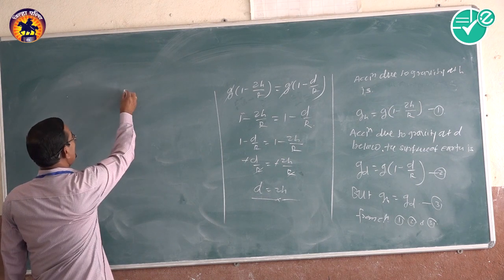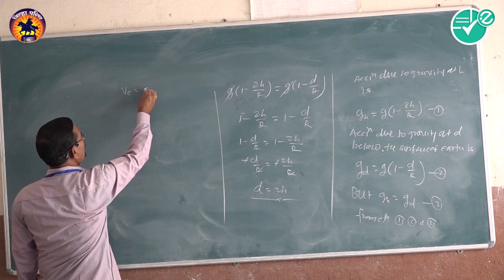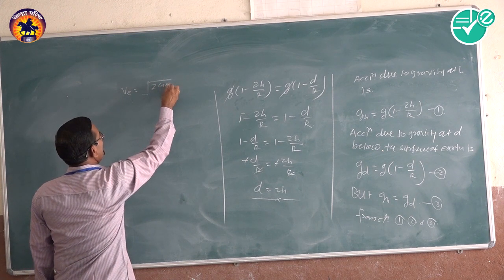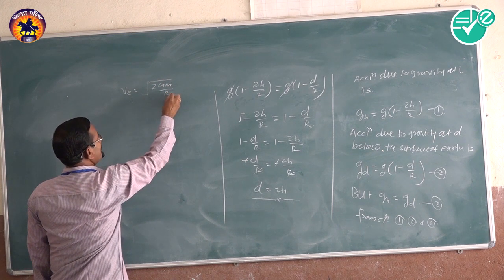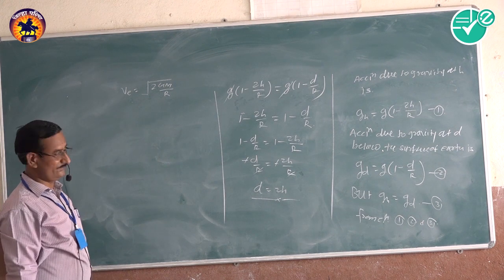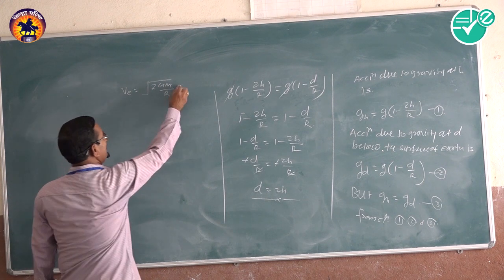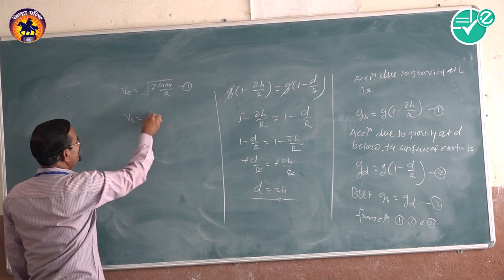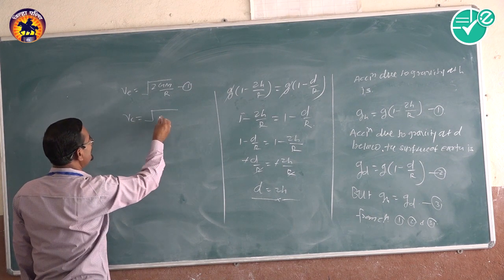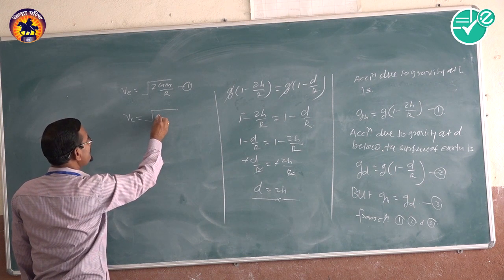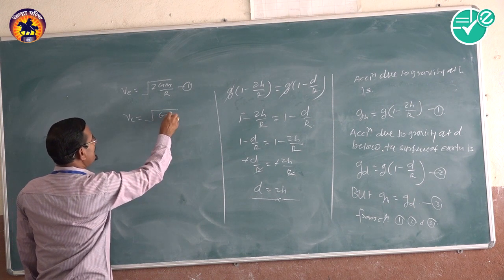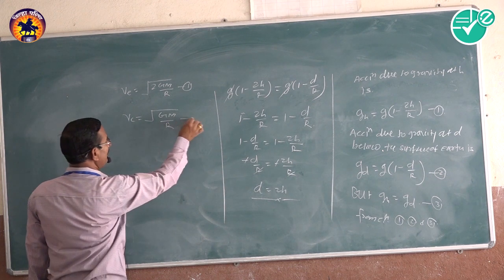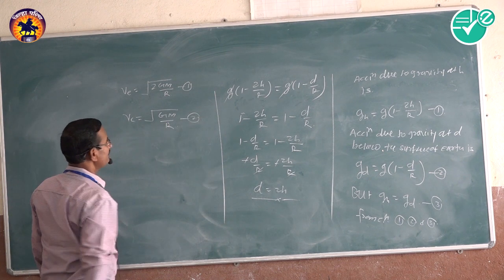Similarly, previously we learned the equation for the escape velocity on the surface of Earth, that is v_e is equal to under root twice G capital M by R on the surface of Earth. That is equation 1. But the critical velocity on the surface of Earth is under root G capital M by R, that is equation 2.